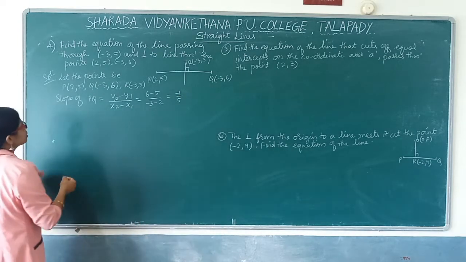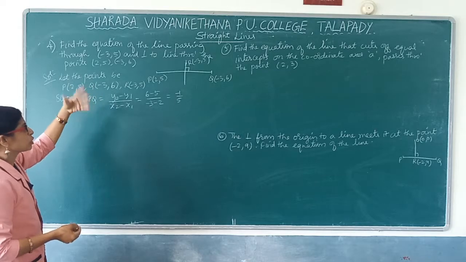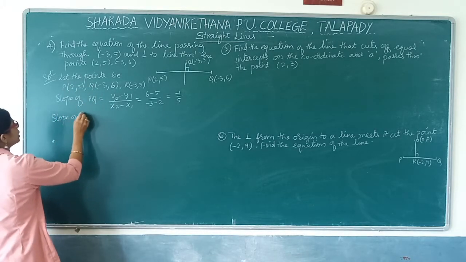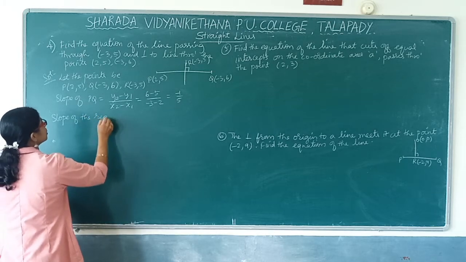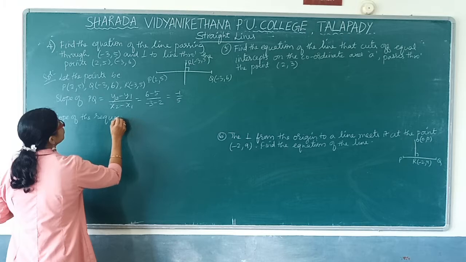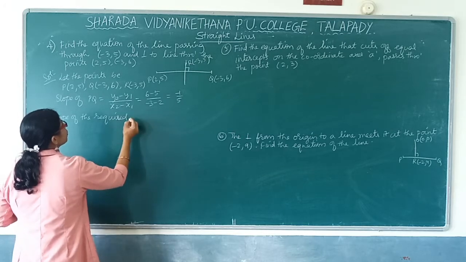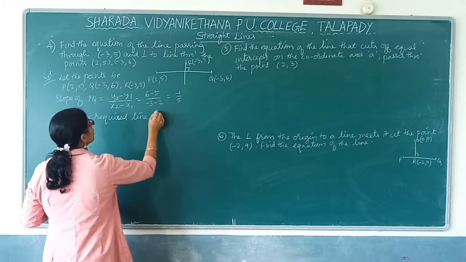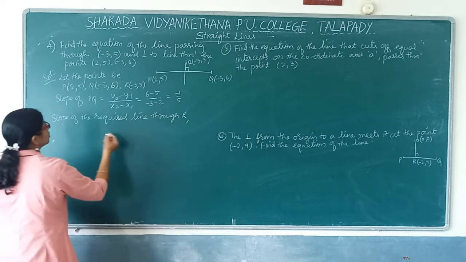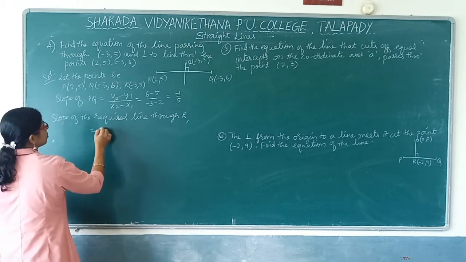So what is the slope of the line through R? Slope of the required line through R is equal to 5.